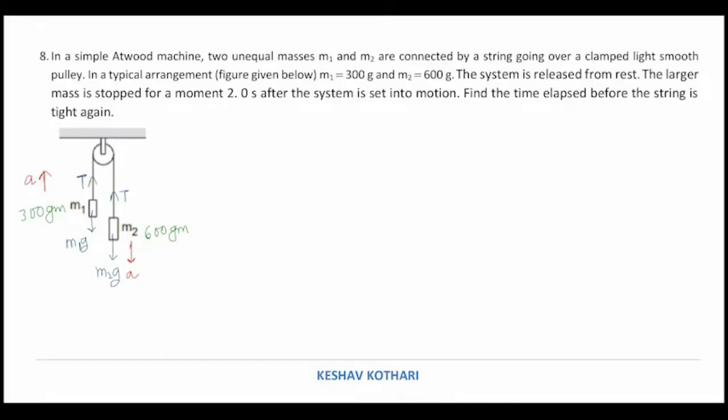If we apply the force equation for the individual blocks, we can say T minus m1g is equal to m1a. This is the first equation, and the second equation is m2g minus T is equal to m2a. If we solve the two, we get (m2 minus m1)g is equal to (m1 plus m2) into a.